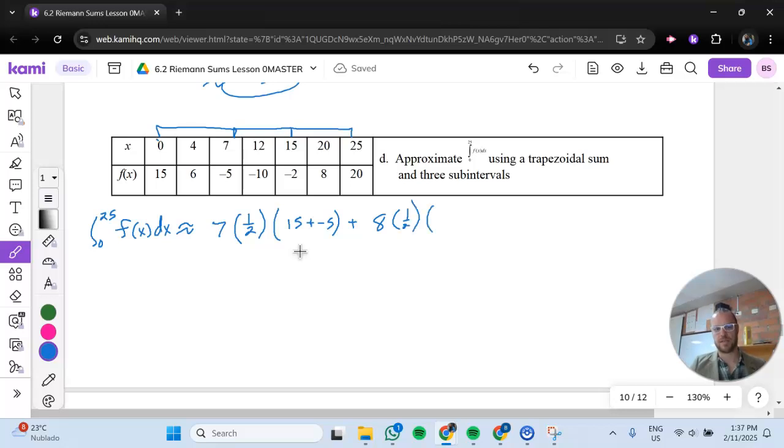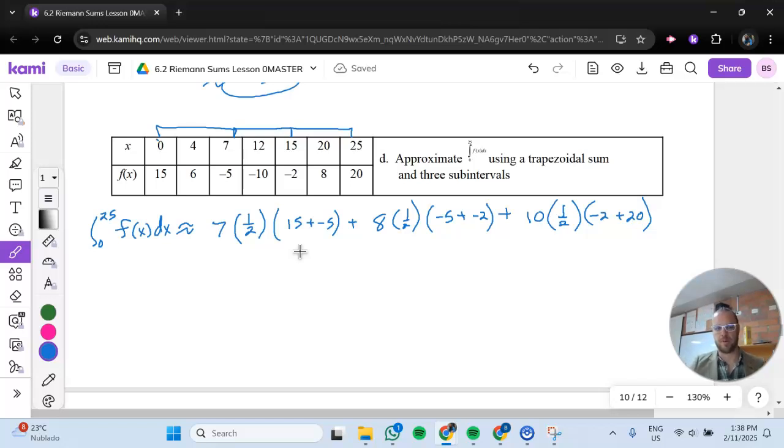We're going to use the 2 heights added together, so -5 plus -2. And our last one goes from 15 to 25, which is a width of 10. It's going to be then times 1/2 because we're averaging, and our 2 heights are -2 plus 20. Then we can put all those things together.